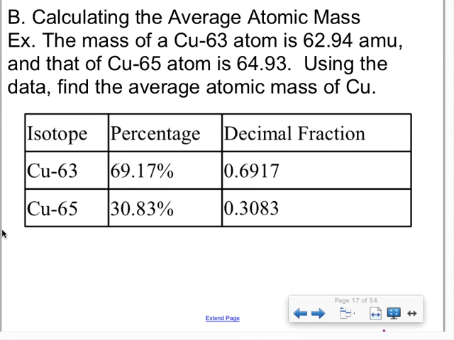So all I'm going to do is take the mass of copper-63, take it times 69.17. I'll just do this for you. Do we have to write that chart down? Nope. 62.94 times 69.17.